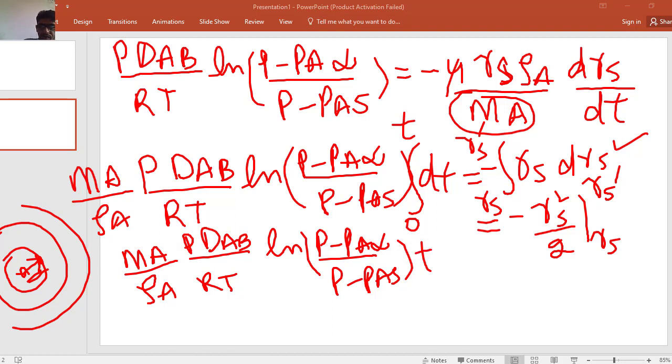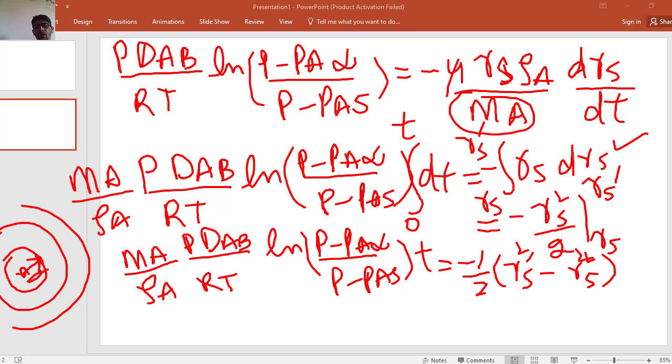and it is nothing but minus 1 over 2, sorry, this is minus 1 over 2 times (RS dash square minus RS square).